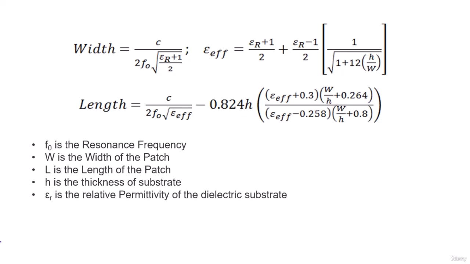And epsilon r is the relative permittivity of the dielectric substrate. The relative permittivity varies from substrate to substrate. For Rogers, FR4 or any other dielectric material, we have different relative permittivity values. We have another variable, c, which is the speed of light, 3 into 10 raised to the power 8.